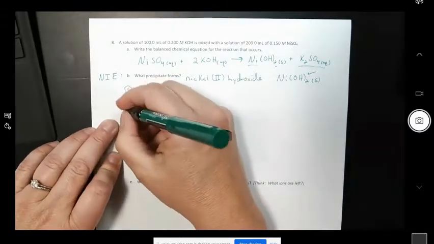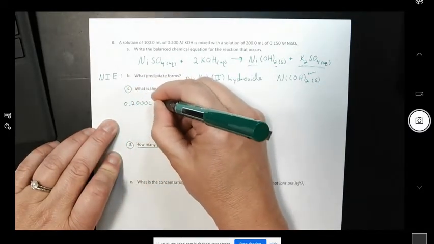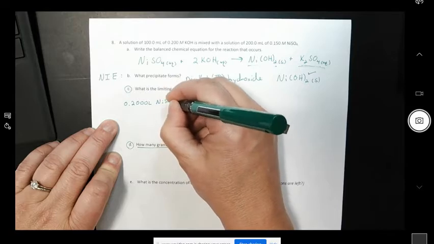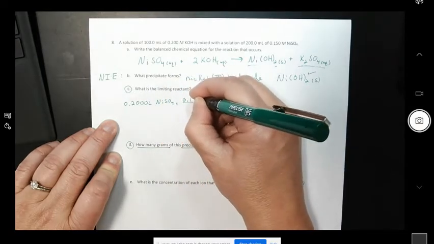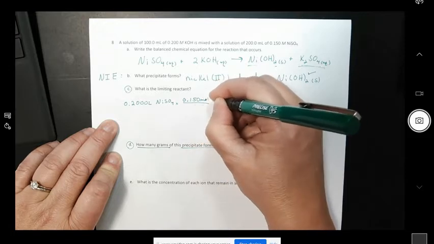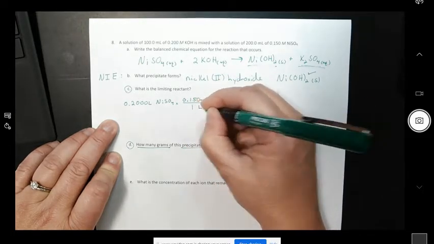So starting with my nickel sulfate, I have 0.2000 liters of nickel 2 sulfate, and then we'll say 0.150 moles of nickel 2 sulfate for every 1 liter.